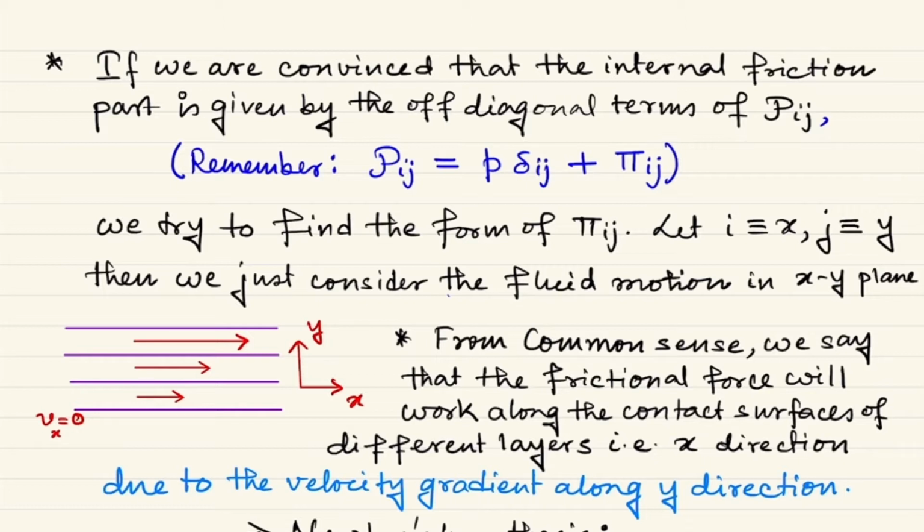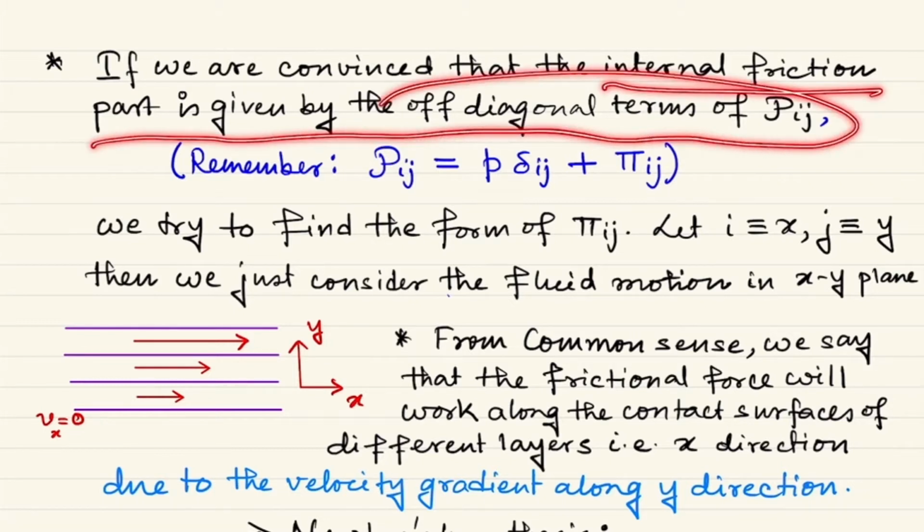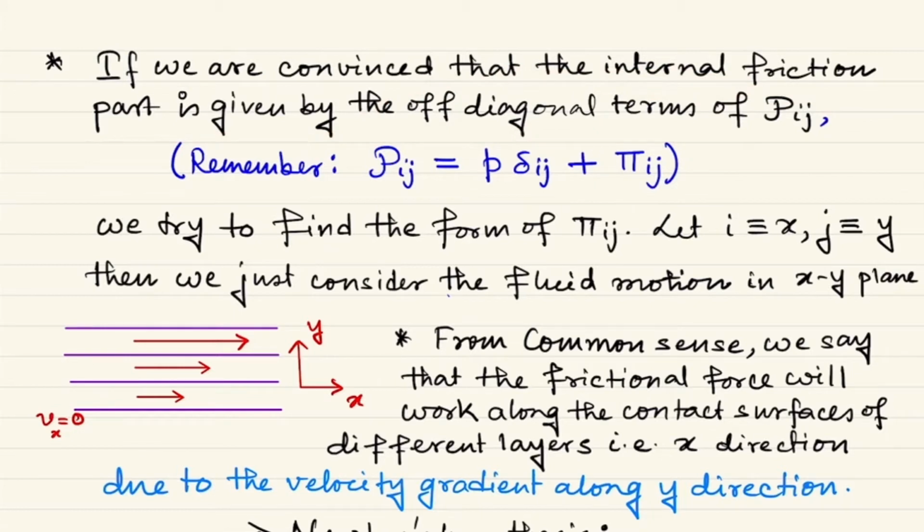We all know that the internal friction part should arise from the off diagonal term of Pij, right? That is because when we tried to derive the real fluid equations from kinetic equations, we showed that the viscous terms become non-zero when we consider a perturbation or a departure from the equilibrium Maxwell-Boltzmann distribution.